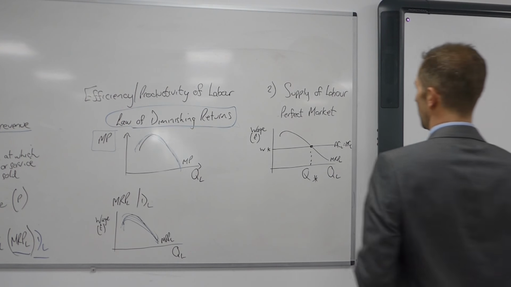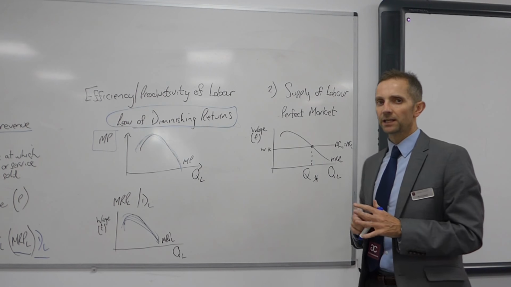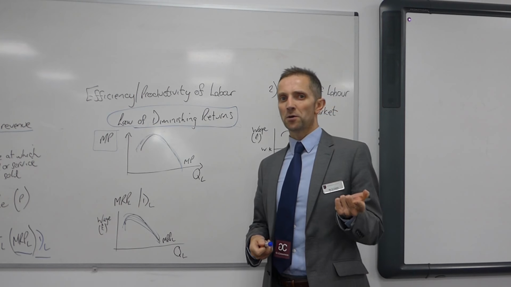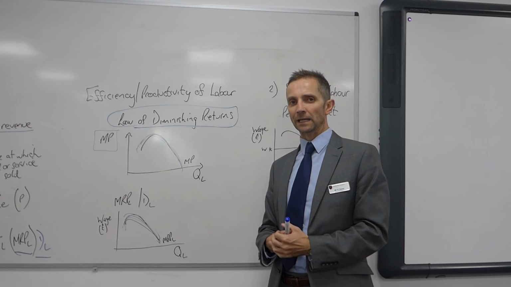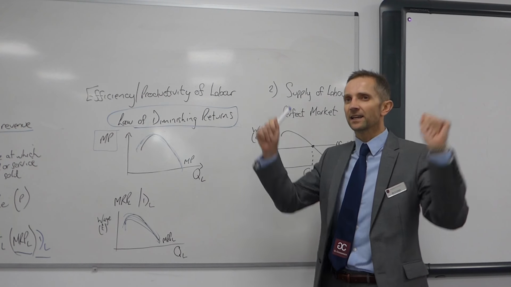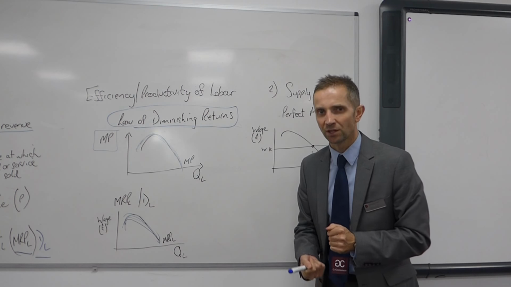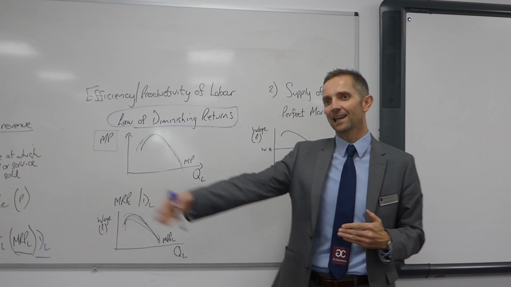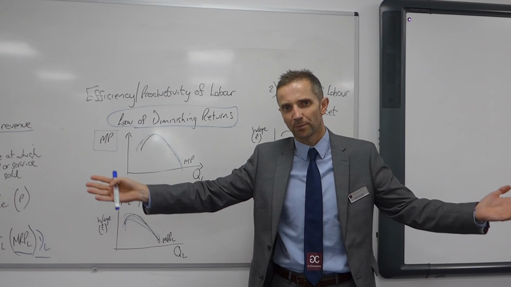Okay, what about the supply of labour? So we've dealt with demand. Well, in a perfect market, we're assuming that the firm can employ as many units of labour as it wants at the same wage. Now, this is an ideal. So remember when we were talking about the goods market and perfect competition, where we assume that the demand for the good is perfectly elastic because you can sell as many goods as you want at the same price.